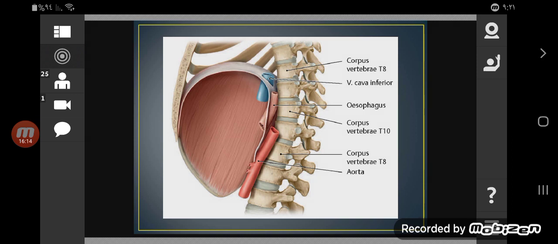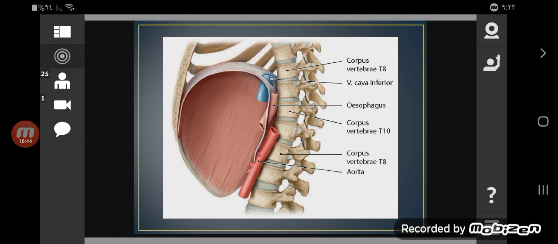I mean the sternal angle, and the commencement of the descending aorta is on this plane or level.